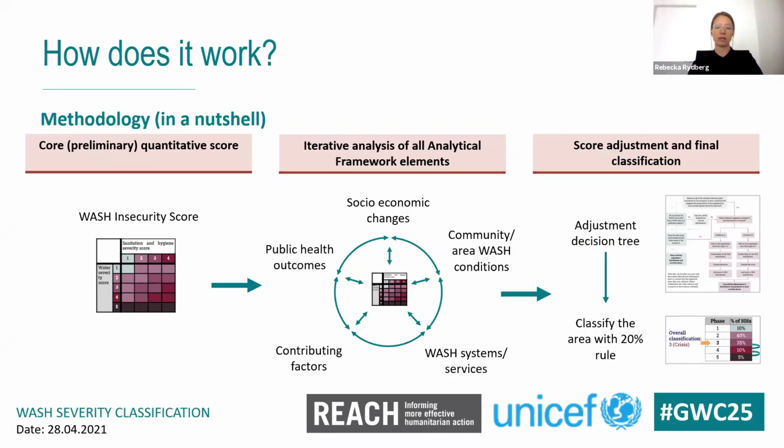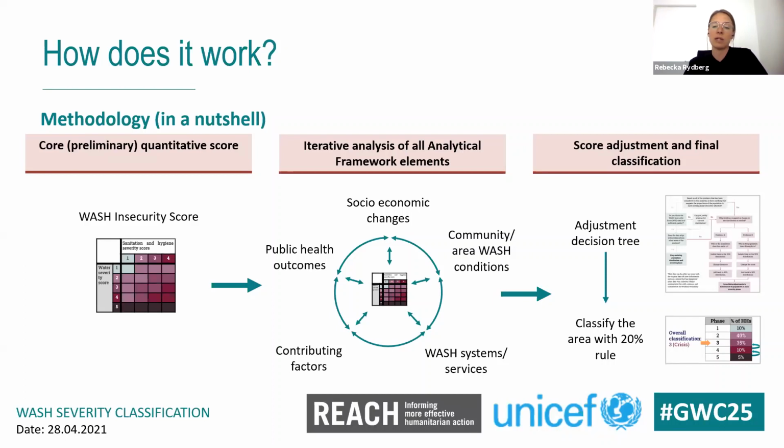So for example, we'll be looking at public health outcomes, which could include nutrition data, data on WASH-related diseases, safety and security, and mortality. And in terms of socioeconomic changes, we'll include data on livelihood change, coping mechanisms, and displacement.